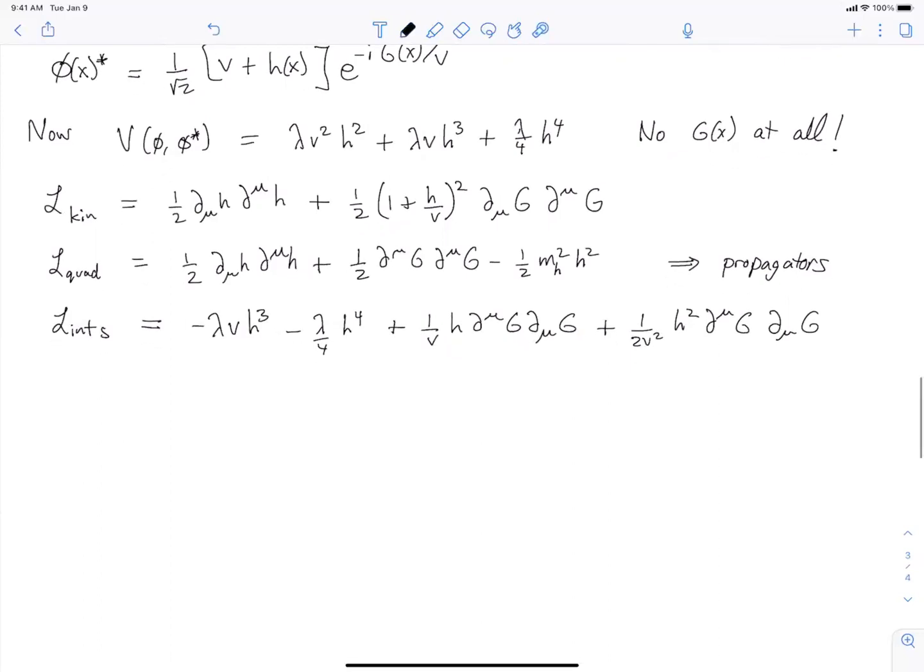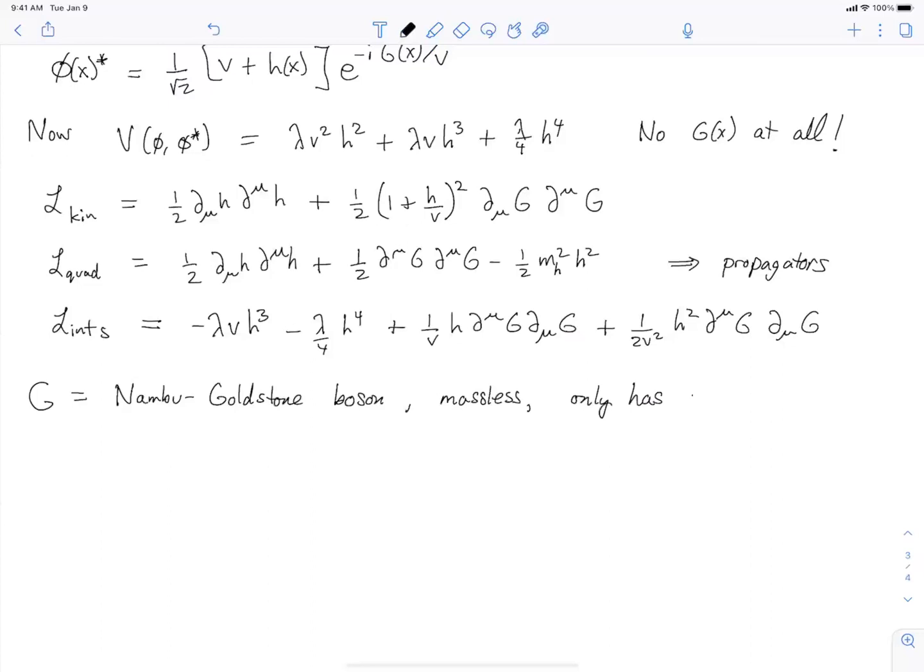Okay, so what have we learned by doing it this way? G is known as a Goldstone boson or a Nambu Goldstone boson. Okay, and it's massless. Only h had a mass term. And not only is it massless, but if you look at all the terms in the Lagrangian, it only has derivative interactions.